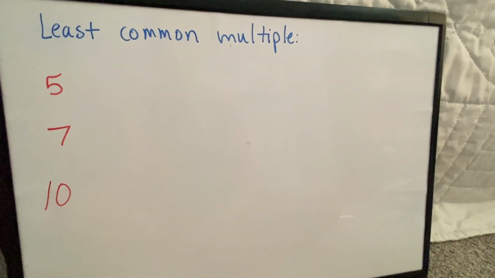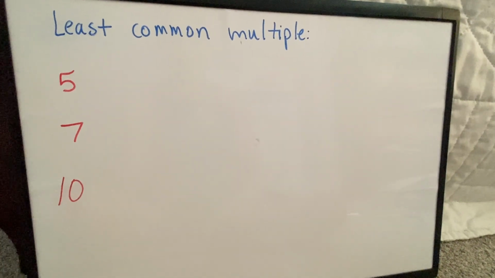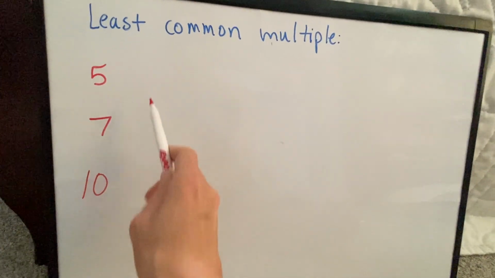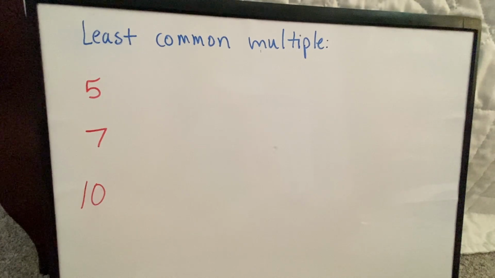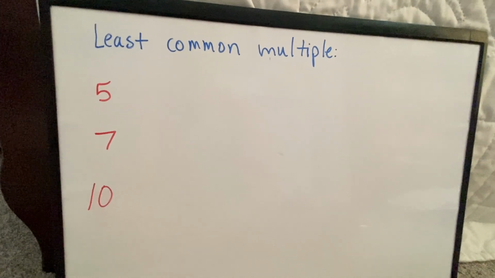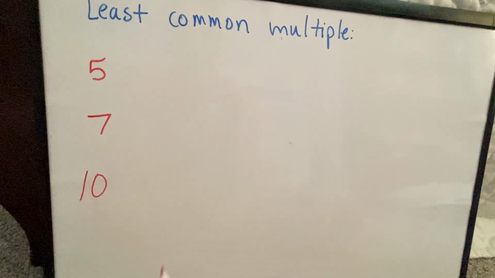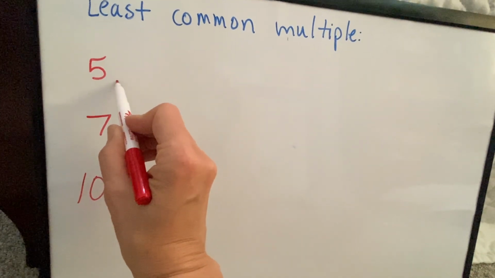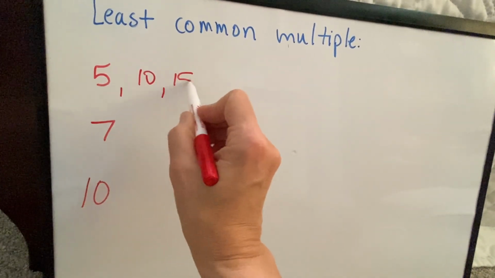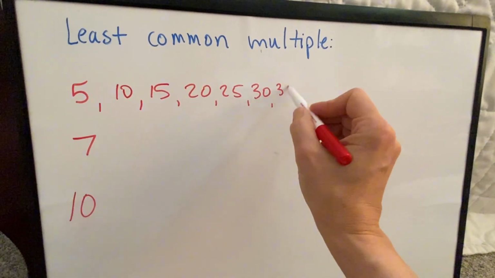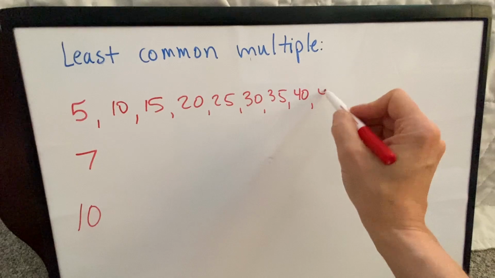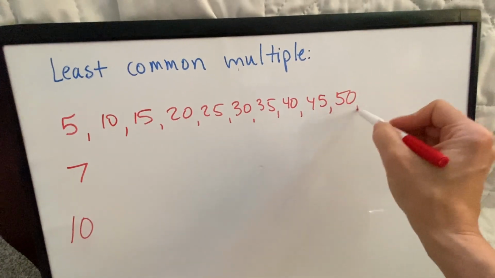So we want to find a multiple that is the same for 5, 7, and 10, and we want the smallest one. If you were to do this, maybe you'd say, let's find the multiples. 5, 10, 15, 20, 25, 30, 35, 40, 45. Keep going here.